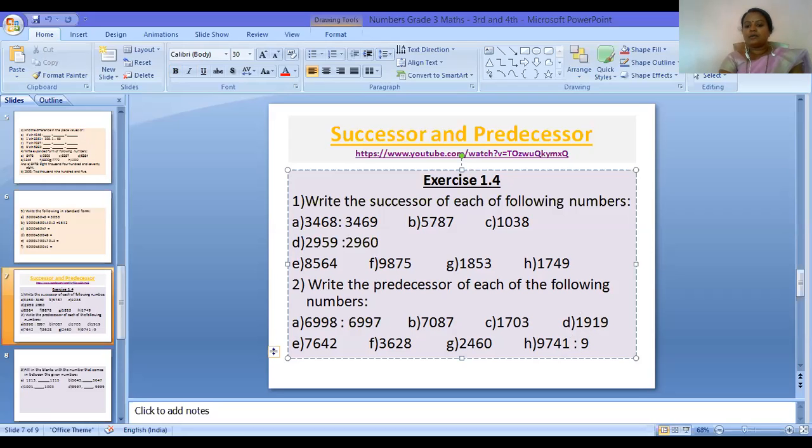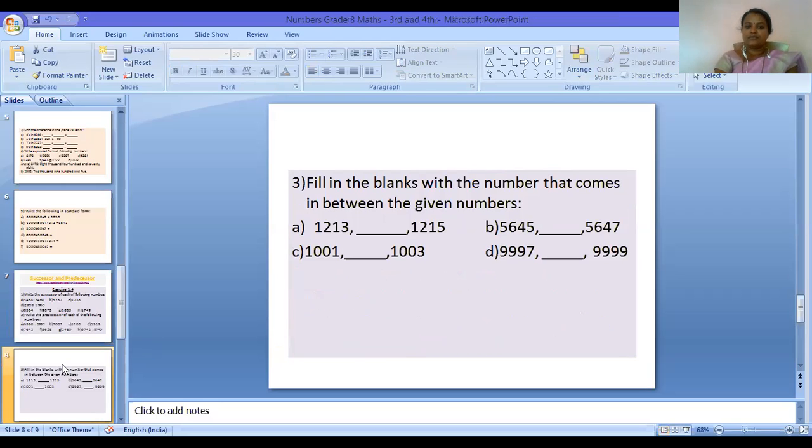The number before this would be 9740. I request you to solve question 1, B, C, D, and question number 2, B, C, D, E, F, and G as practice for yourself.